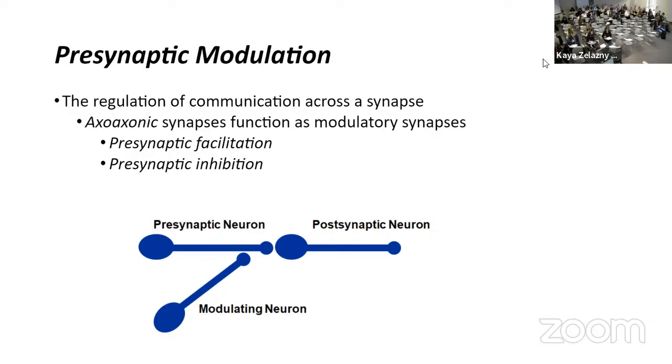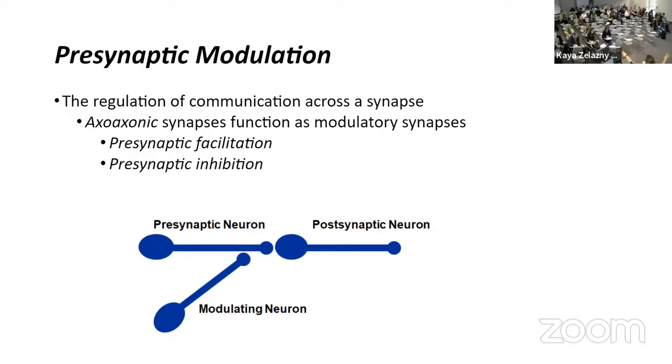When we were last talking, we were talking about modulator neurons, essentially. So we were talking at the end about how we can sort of fine-tune the signals that our postsynaptic neurons are getting. So we talked about this idea of divergence. We can have one neuron, a presynaptic neuron, sending out signals to many cells.